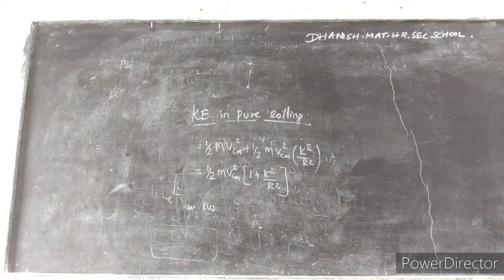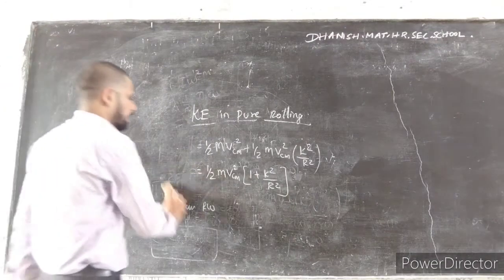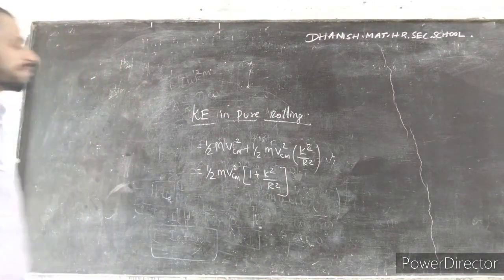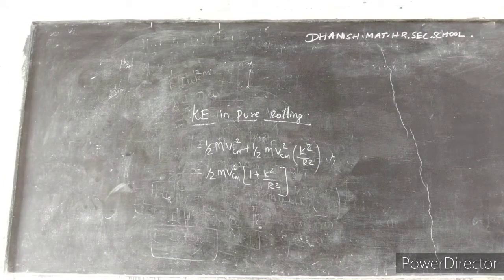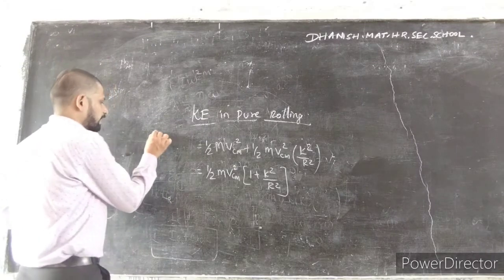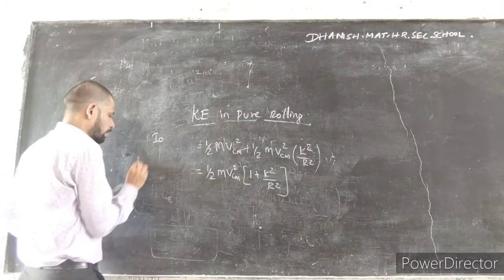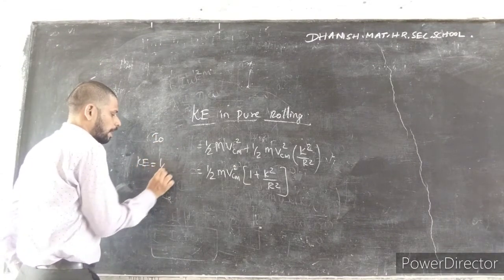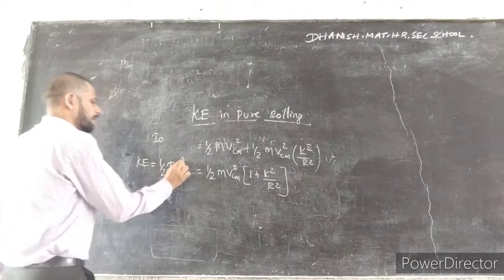This is how the kinetic energy will be acting. With the point of contact as the reference, the moment of inertia will be I naught, so the kinetic energy will be half I naught omega square.